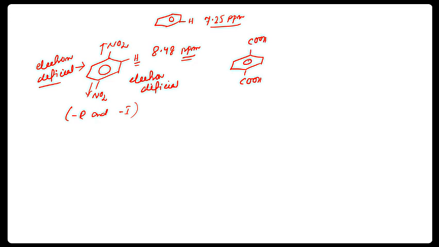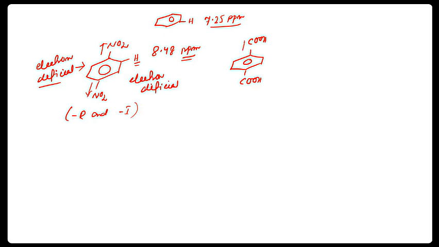Till now, we have read in books or been told that the nitro group is electron deficient. Here we are getting direct proof from NMR that yes, the nitro group is electron deficient. That's why the protons become electron deficient and appear at higher ppm values. So the nitro group makes the ring electron deficient with respect to benzene.